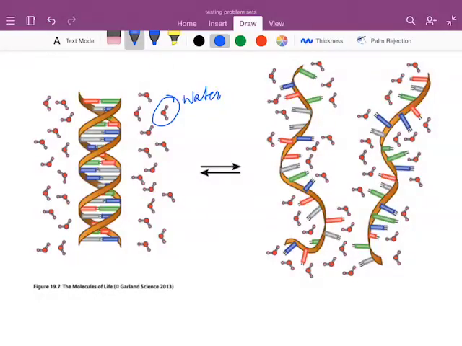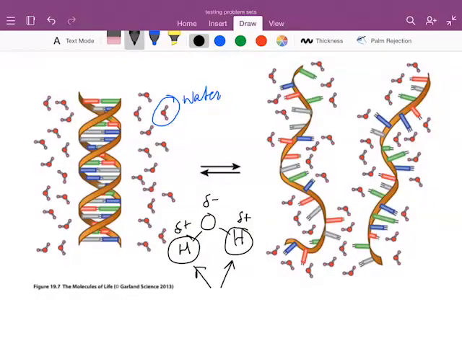So the structure of water, with the delta minus on the O and the delta plus on the hydrogens, is such that the hydrogens are extremely good H-bond donors. But the lone pair of electrons and the excess negative charge on the oxygen make the oxygen an extremely good hydrogen bond acceptor.